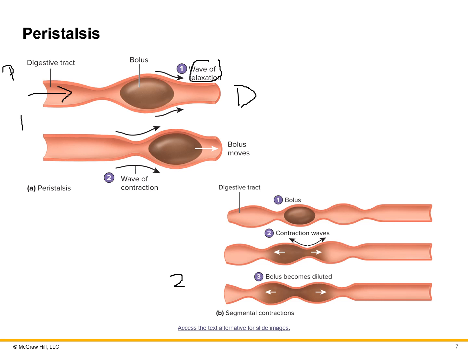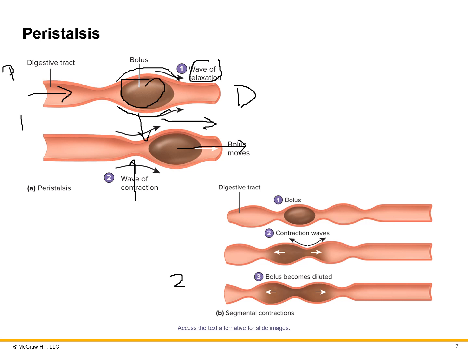So when the circular muscles engulfing this tube are relaxed, this tube sort of widens, as you can see. And when this tube is widened, the bolus is passing actively through there. Now, once the circular muscles squeeze or contract, as you see right here, the bolus is propelled. So when it squeezes, it's propelled forward in this direction.